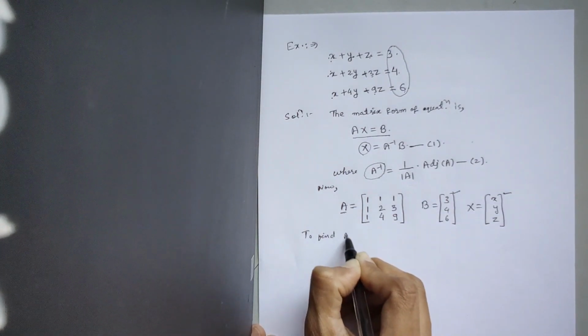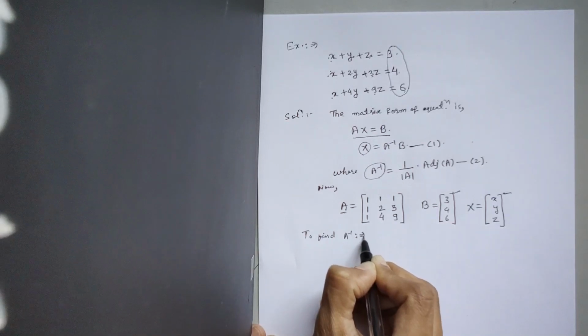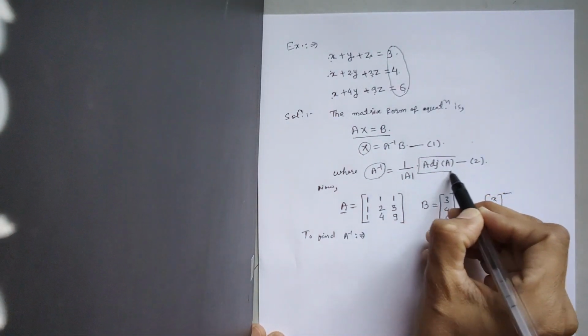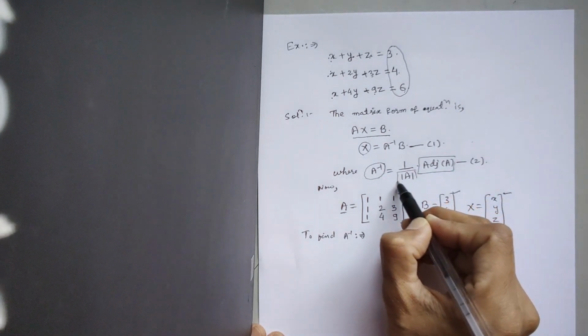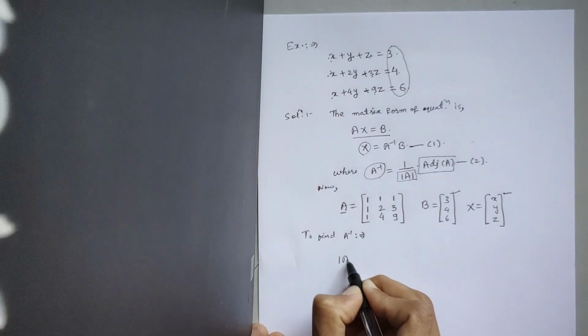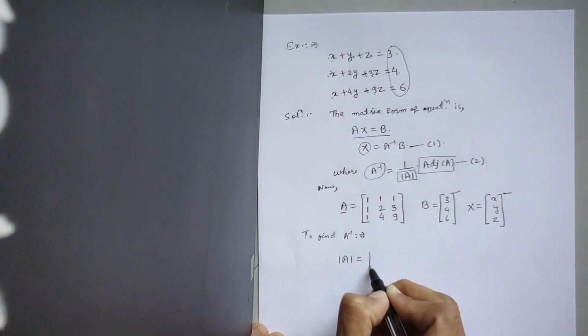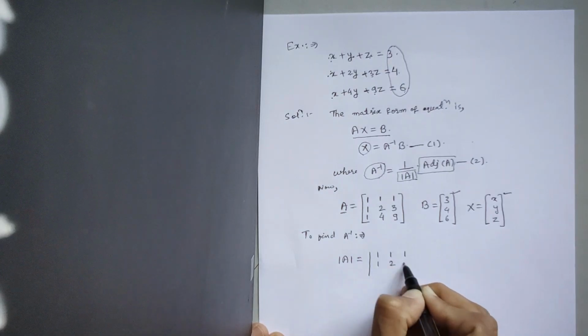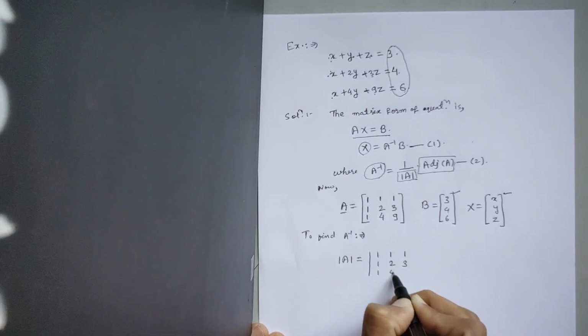To find A inverse, first we need to check whether A inverse exists or not. So I am finding the determinant of A: 1, 1, 1, 1, 2, 3, 1, 4, 9.